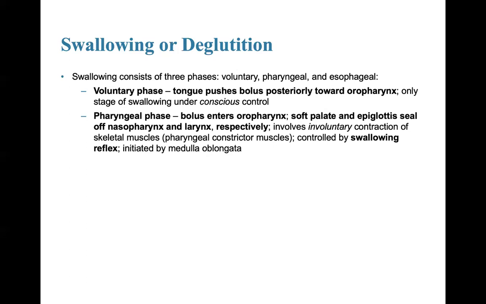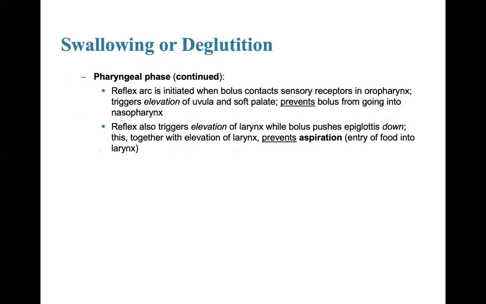And this involves involuntary contractions of the skeletal muscle of the pharyngeal constrictor muscles, which is controlled by the swallowing reflex and initiated by the medulla. The reflex arc is initiated when the bolus contacts the sensory receptors of the oropharynx and triggers the elevation of the uvula and the soft palate, which is going to prevent the bolus from entering into the nasopharynx.